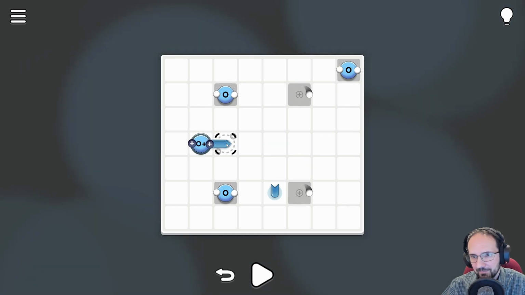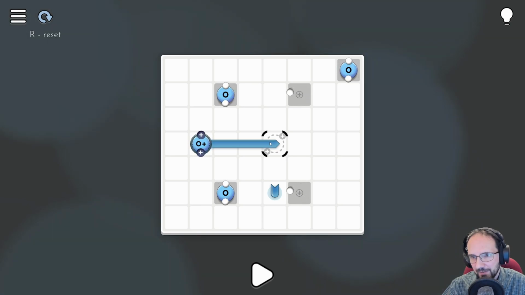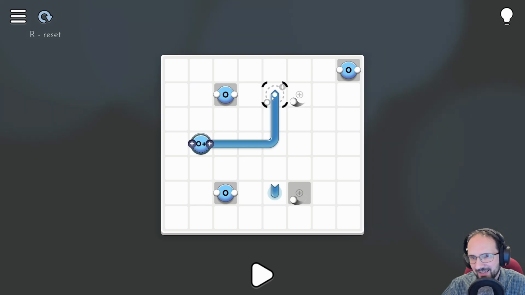Okay. What if we start at the top and then go down? No, because then we're going to get stuck. I'm going to pick up this oxygen here. Could we pick that up and go this way?